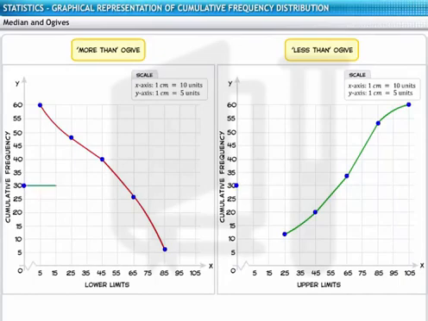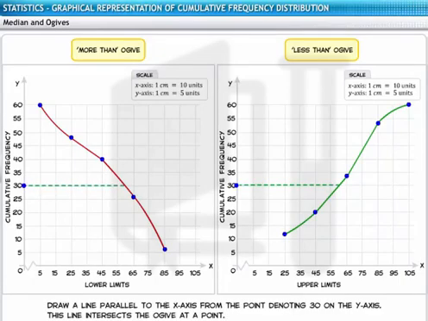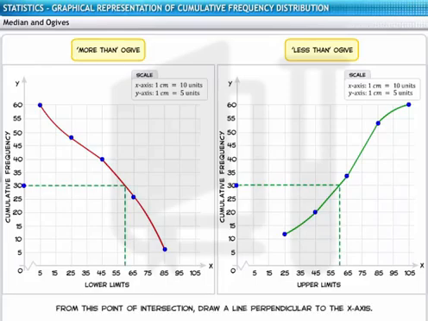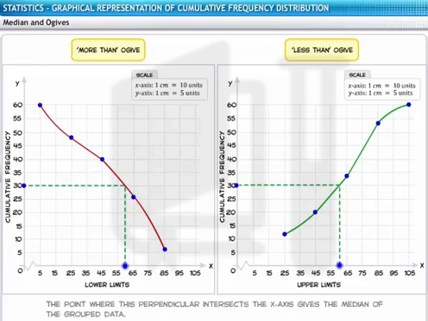We'll draw a line parallel to the x-axis from the point denoting n by 2 to intersect the ogive. From this point of the ogive, draw a line perpendicular to the x-axis. The point where the perpendicular intersects the x-axis gives the median of the grouped data.